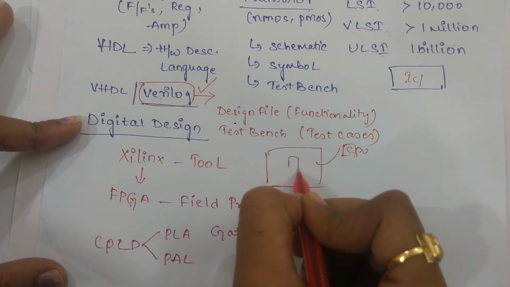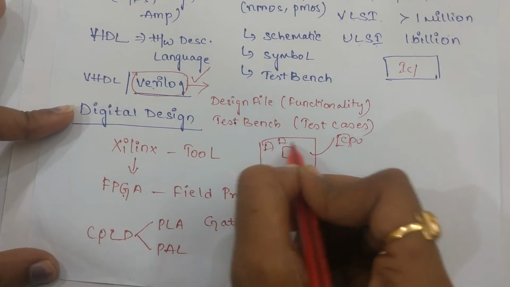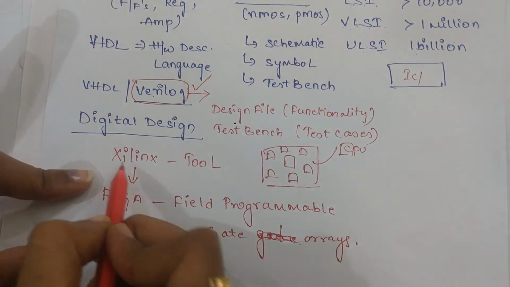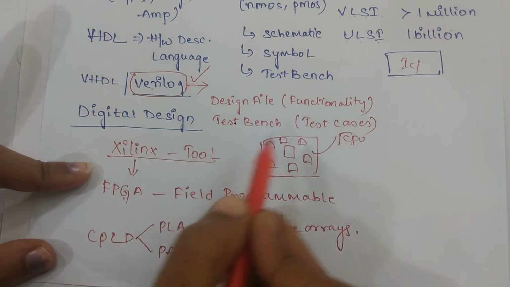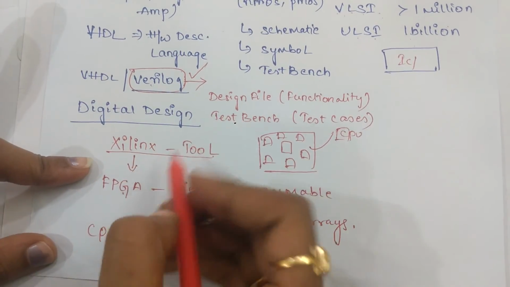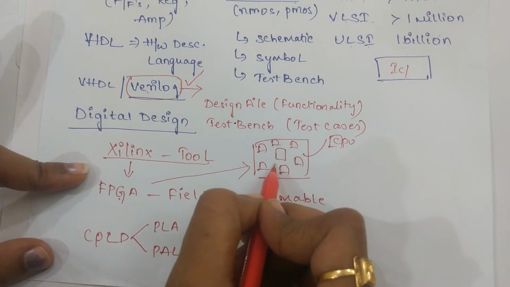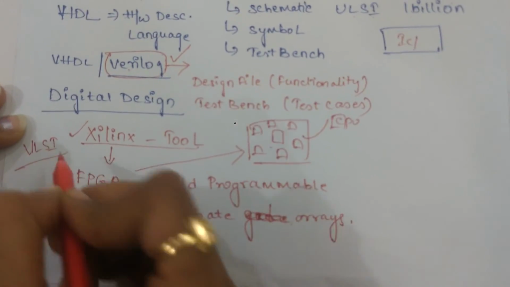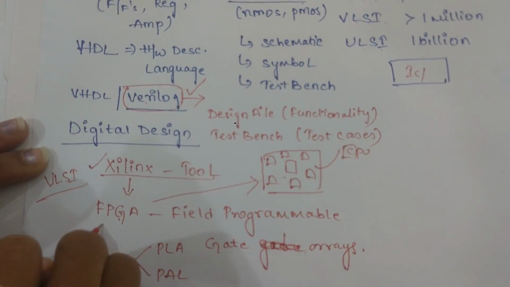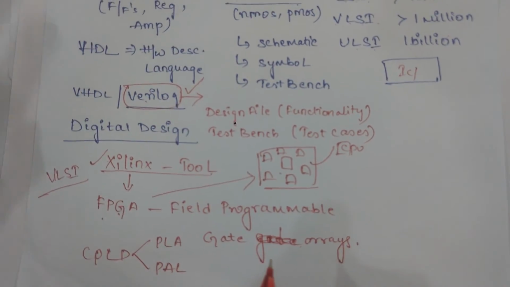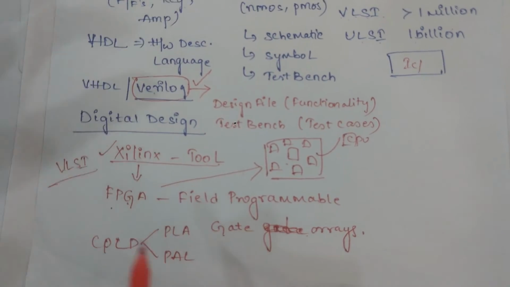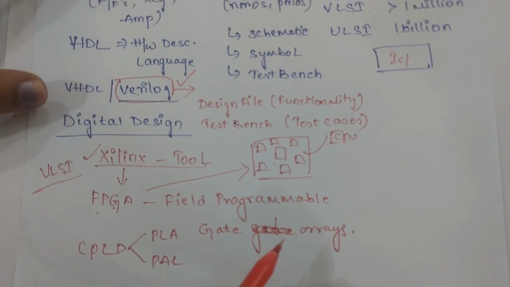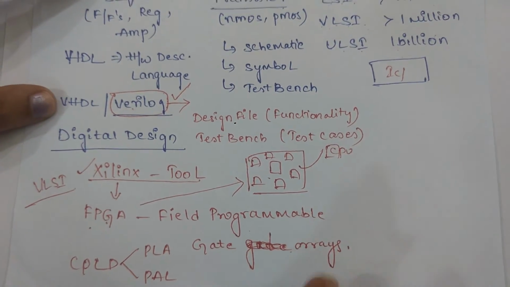It will have an IP core, and with this IP core all the different components for different functionality will be present. So the Xilinx tool, whatever you test in these files, will be targeted to your FPGA devices. Xilinx is one of the leading VLSI companies, mainly designing FPGA devices. In further sessions we will see in detail what an FPGA is and how it is present. Okay, this is about your cycle 1.